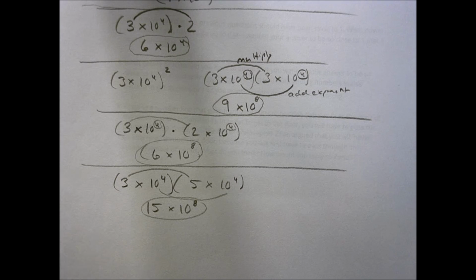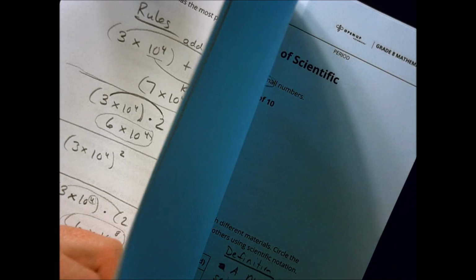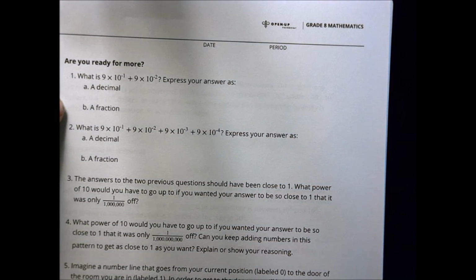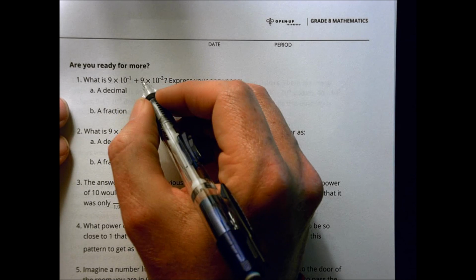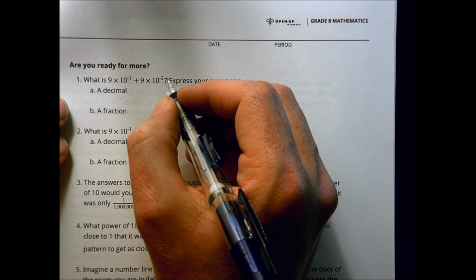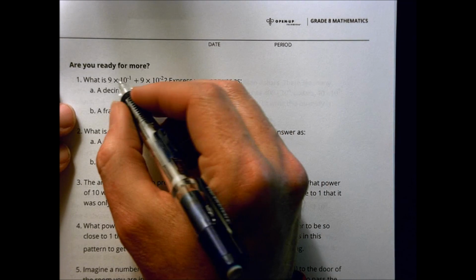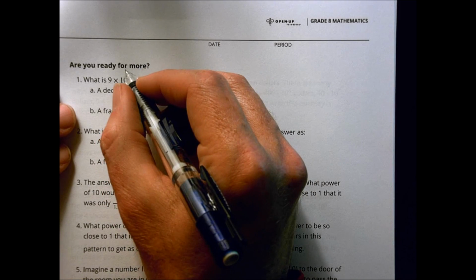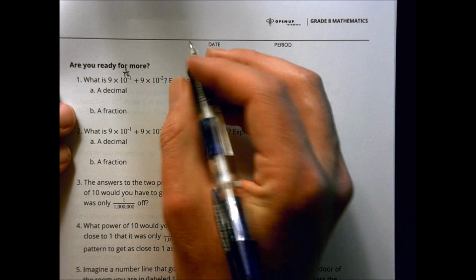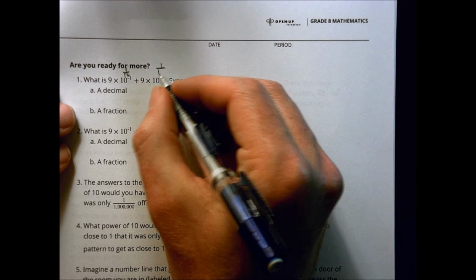Okay, so as we look here, we have Are You Ready for More? A couple we'll do real quick. What is 9 times 10 to the negative 1 plus 9 times 10 to the negative 2? 10 to the negative 1 is 1/10 as a fraction, and 10 to the negative 2 is 1/100th.